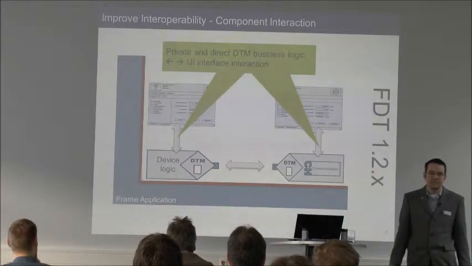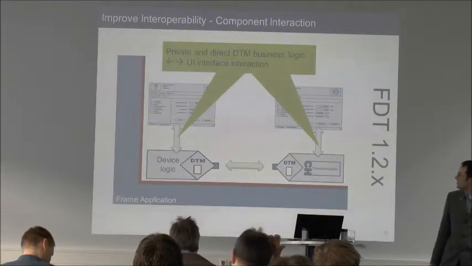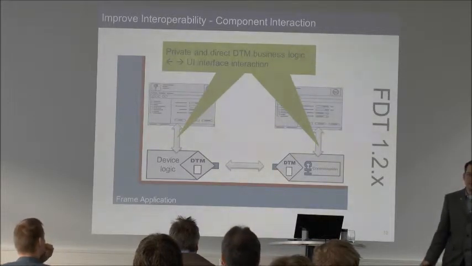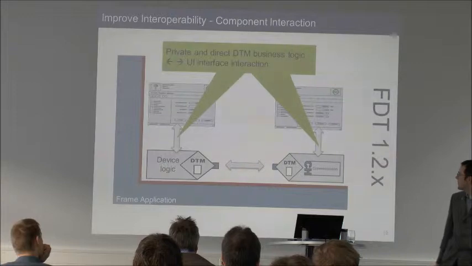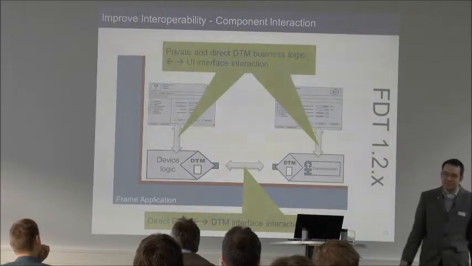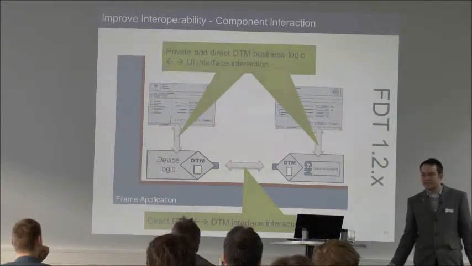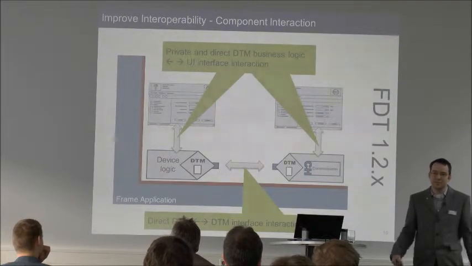It's not defined in the FDT standard how the user interfaces and the DTMs communicate with each other. And we have today a direct DTM to DTM interface interaction. This means the communication between a device DTM and a communication DTM is direct.